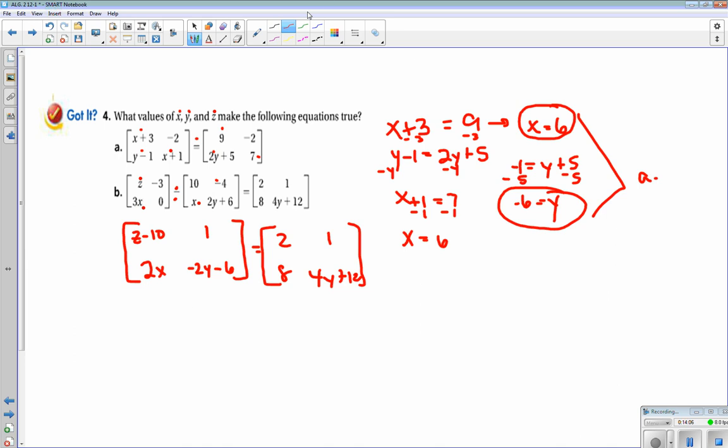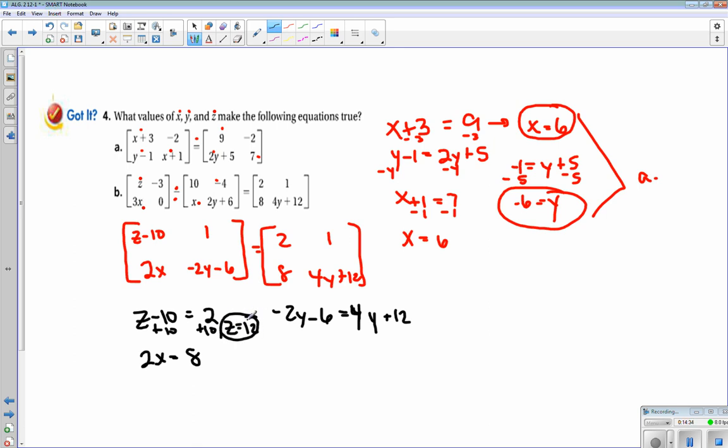All right, so we are going to match this up. So we got z minus 10 equals 2. We have 2x equals 8, and we have negative 2y minus 6 equals 4y plus 12. So let's solve this first. We're going to add 10 to both sides, and z equals 12. I'm going to divide both sides by 2 here, and x is equal to 4.